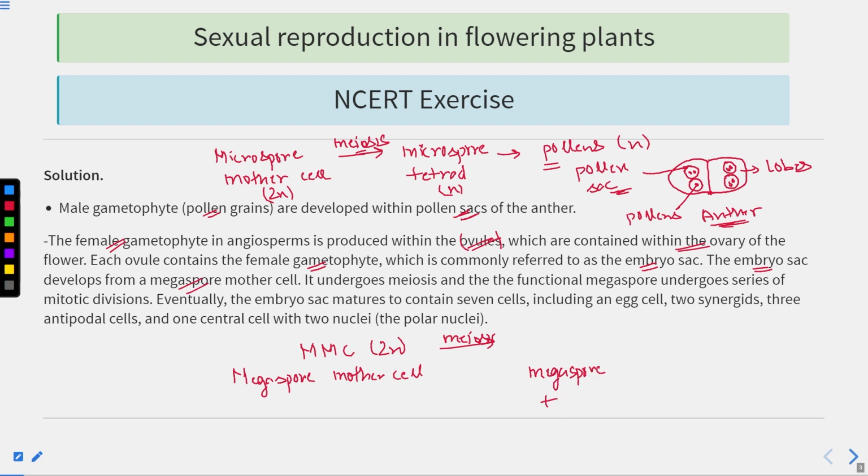It produces the megaspore tetrad, which is linear. It consists of 4 megaspores. Out of these, 3 will degenerate, which are present at the micropylar end. So megaspores which are present at the micropylar end will degenerate, and this one is known as the functional megaspore.